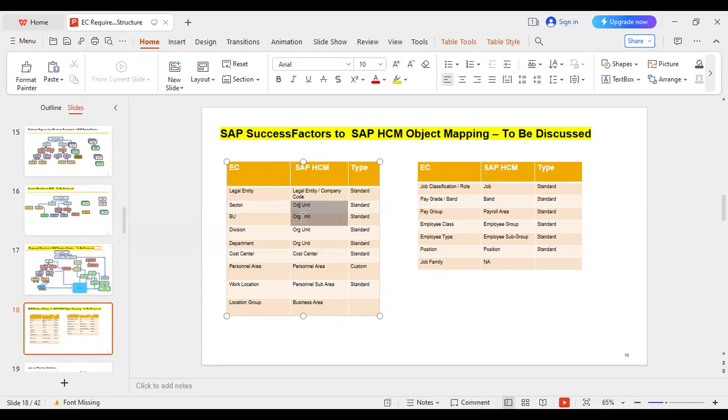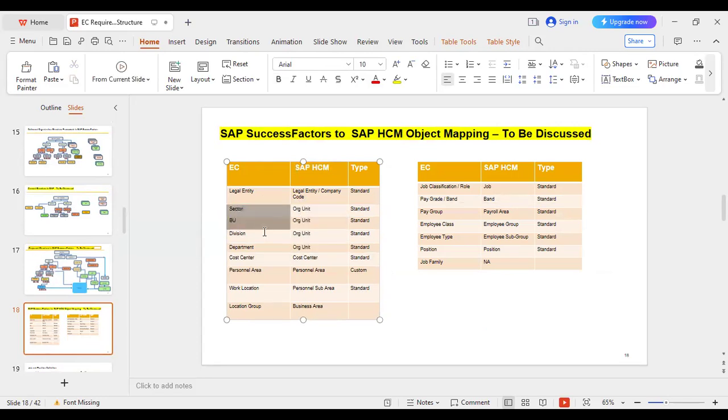In SAP HCM the org unit is defined for these four pointers, but there is only the org unit. That's why confusion is created from their side to this side. When you are doing the implementation and requirement gathering, they only have the understanding of the org unit. They do not have the understanding of the division and department.